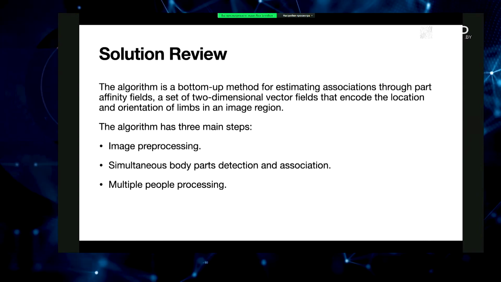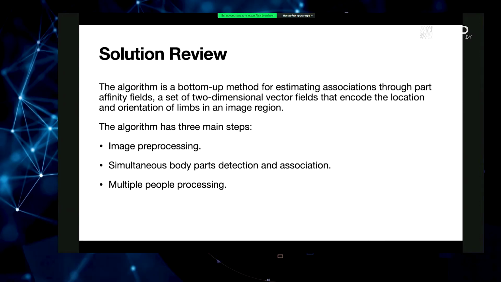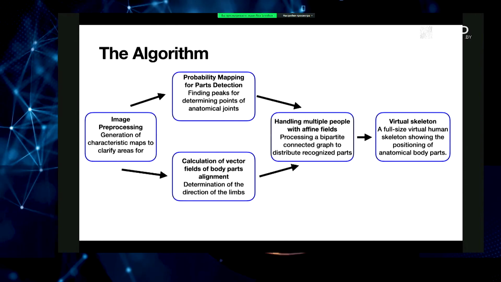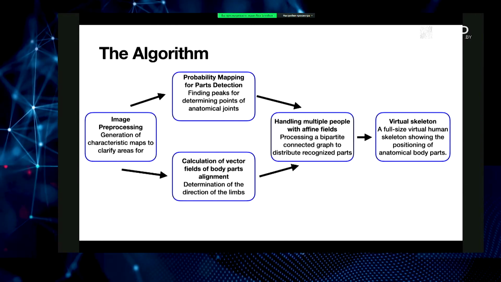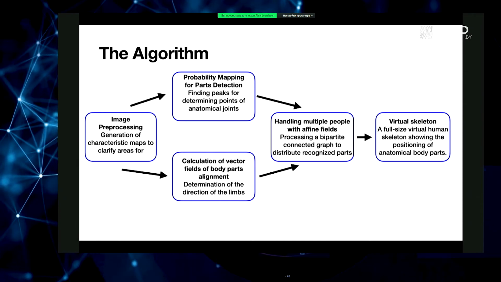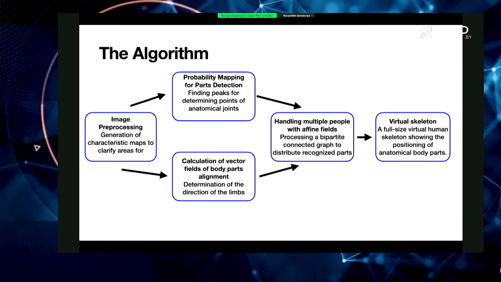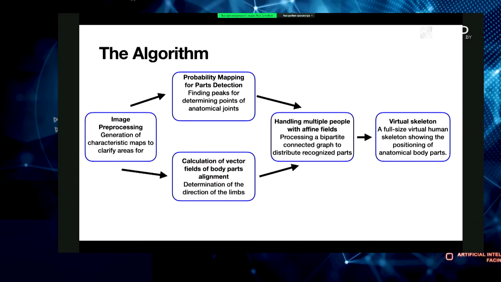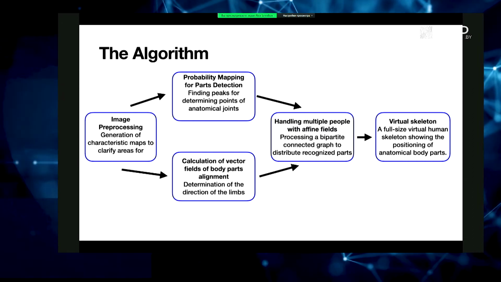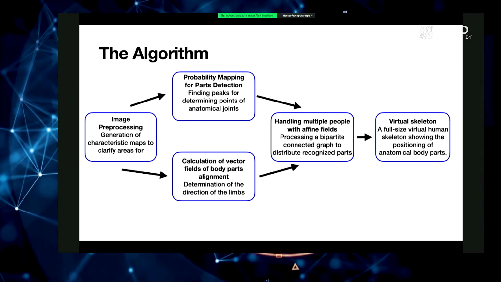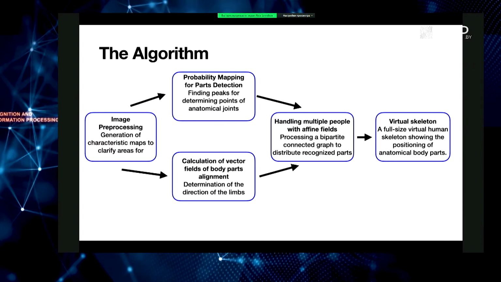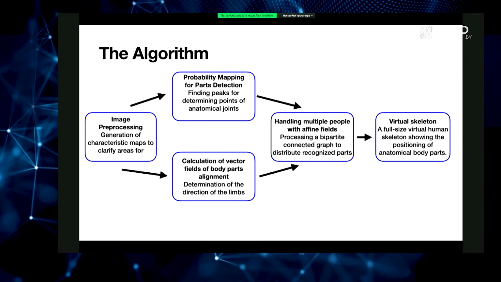So our algorithm has three main stages. Let me demonstrate them. First of all, the first stage is the preprocessing stage. Using a neural network, we generate characteristic maps to filter areas and to narrow down the search, because we don't want to analyze too much information, because that would be pretty slow.